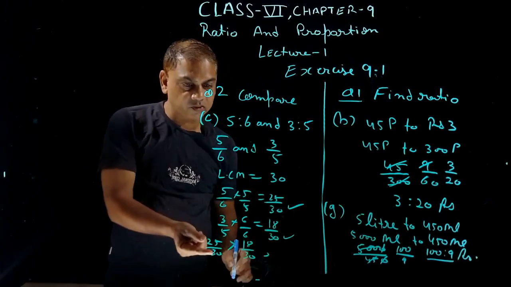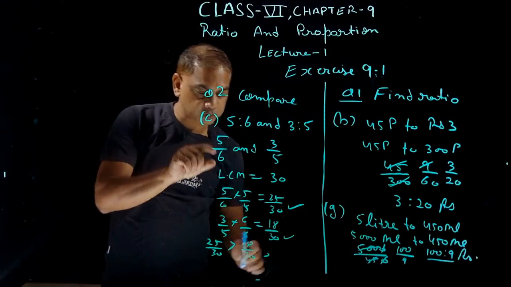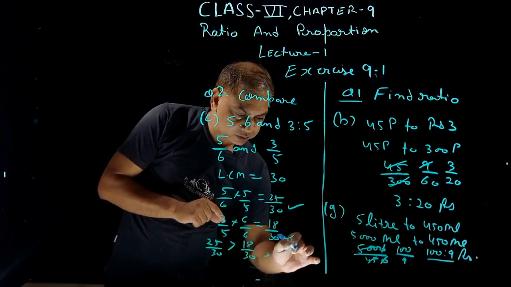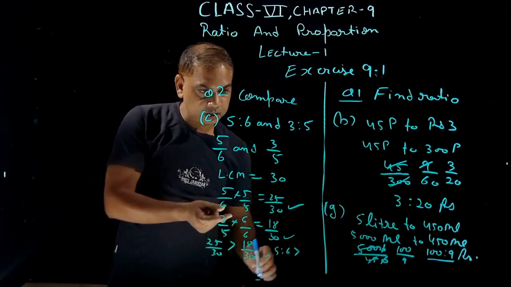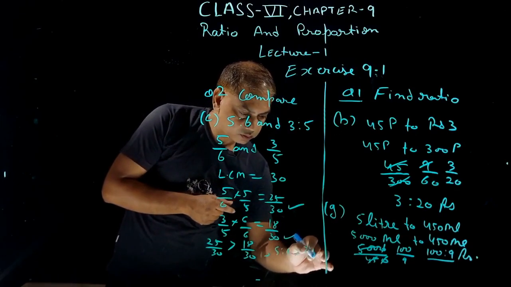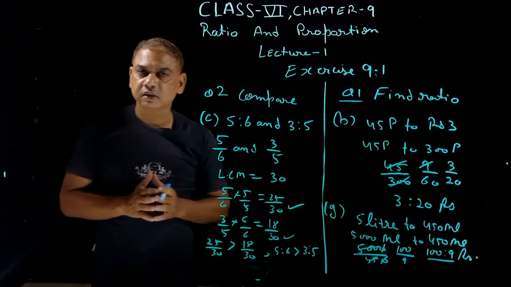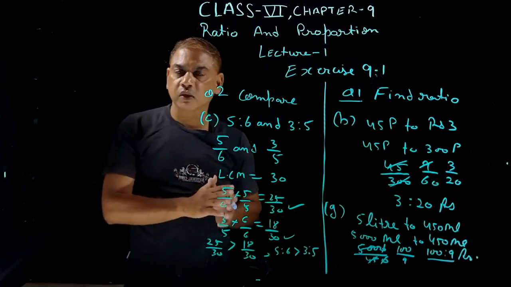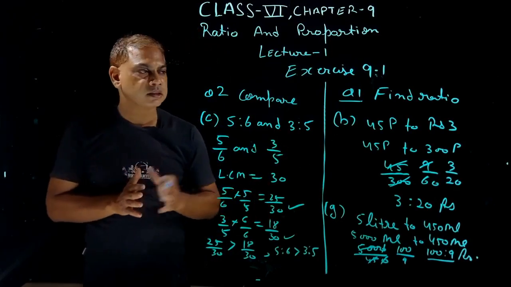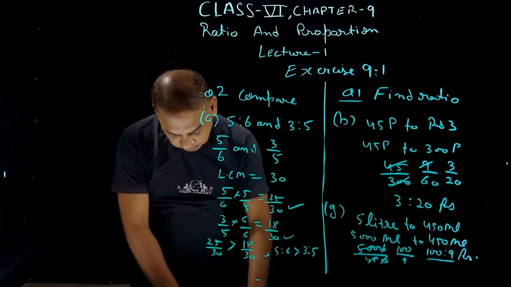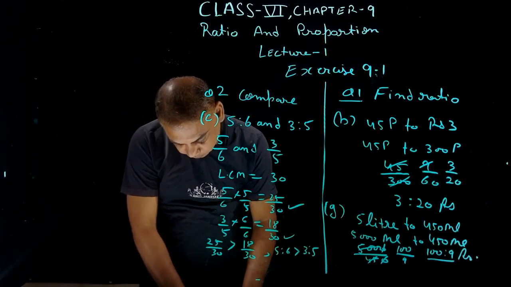Okay, now where did we get 25 upon 30 from? From 5 upon 6. So 5:6 is greater than 3:5. Clear students? Good. Do all other parts of question number 2 and question number 1 on your own. They are just like these we have discussed over here. Right? Now come to question number 3.